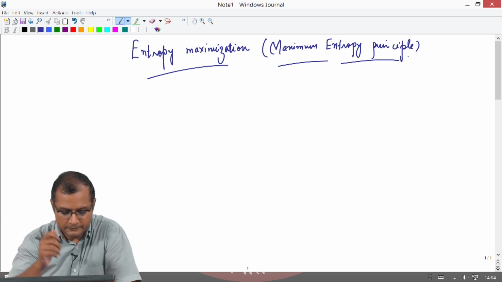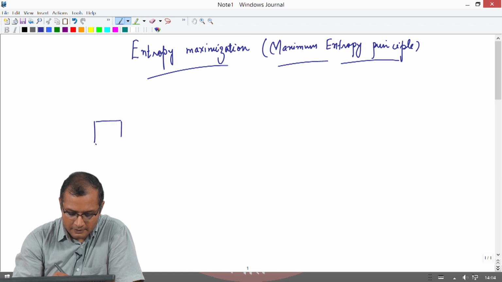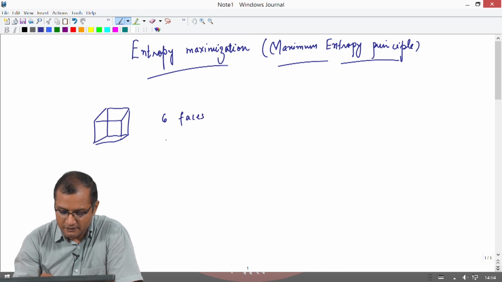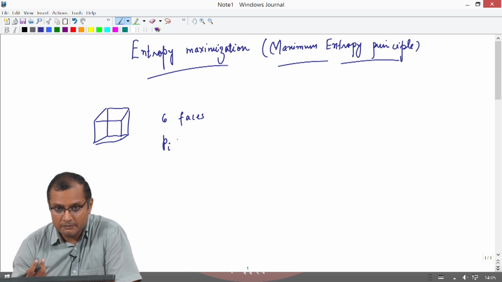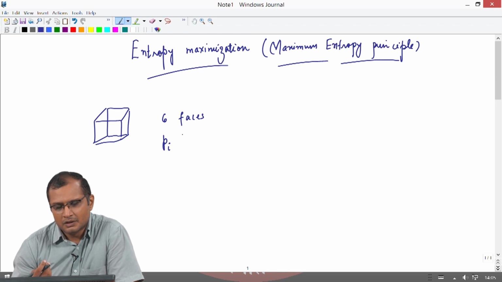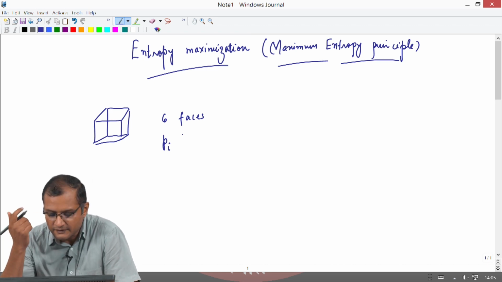Now, we saw earlier that if you take a dice and say that its faces are all unbiased, which means there are 6 faces, and the probability of each face, if you roll it n times, then it is expected that 1/6 of the n would be the number of occurrences of any ith face.